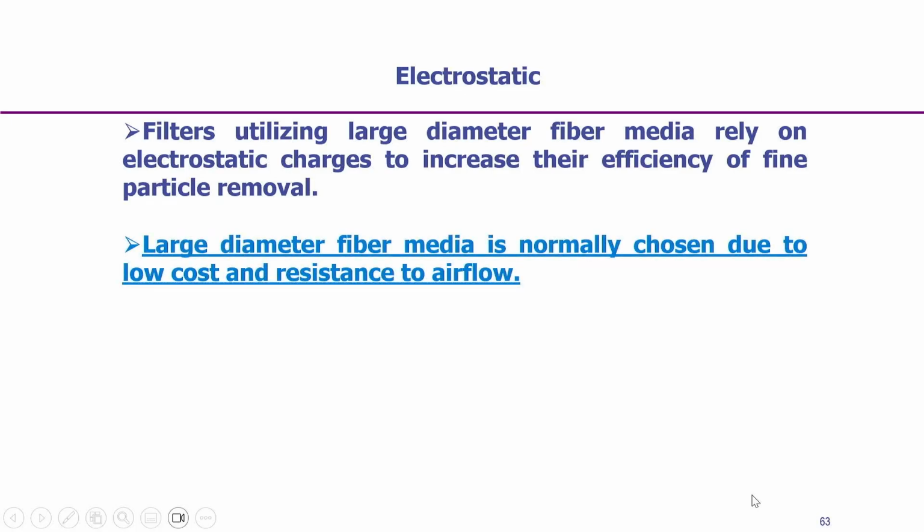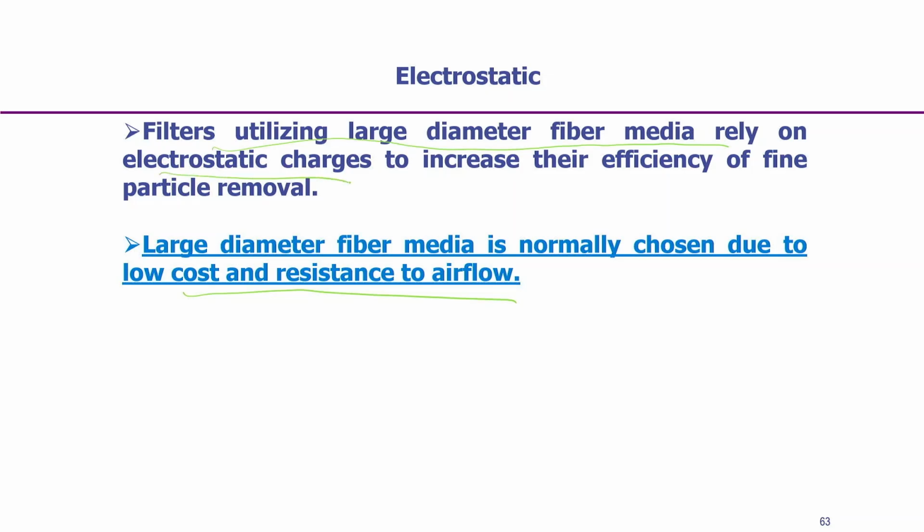So, larger fiber diameter is normally chosen due to low cost and low resistance to air flow. Okay. So, filters using large diameter fiber media, where lower pressure drop is required, there to increase the efficiency they rely on the electrostatic charge.